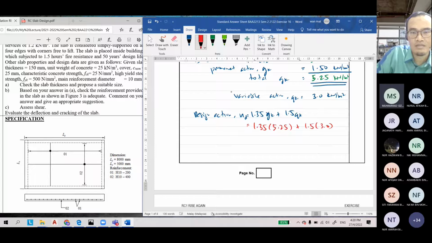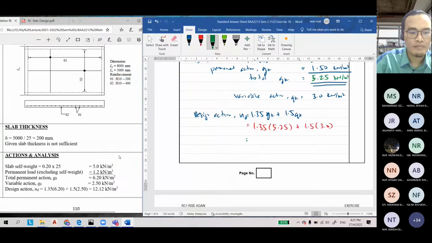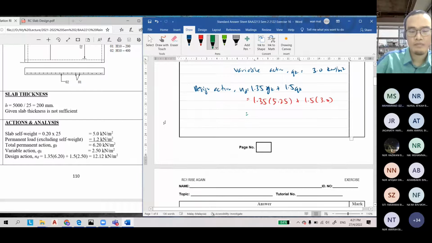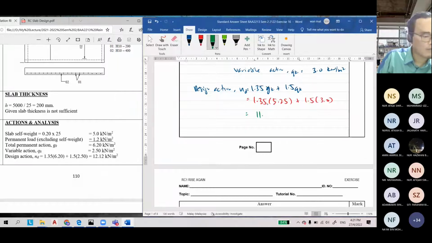What is the answer, please? 11.59, so 11.6 kilonewton per meter square.